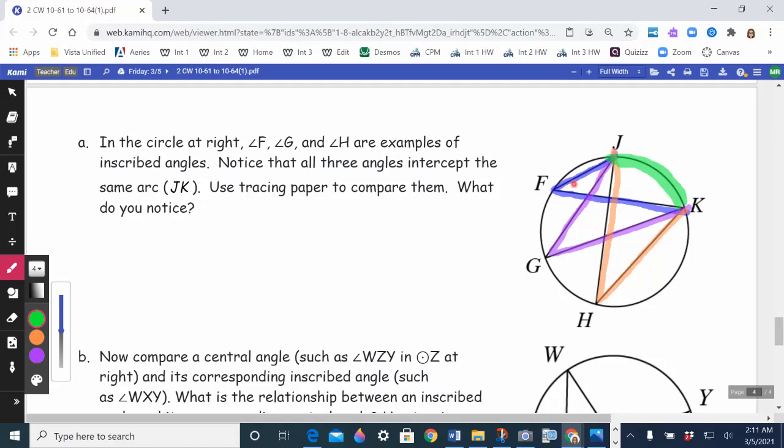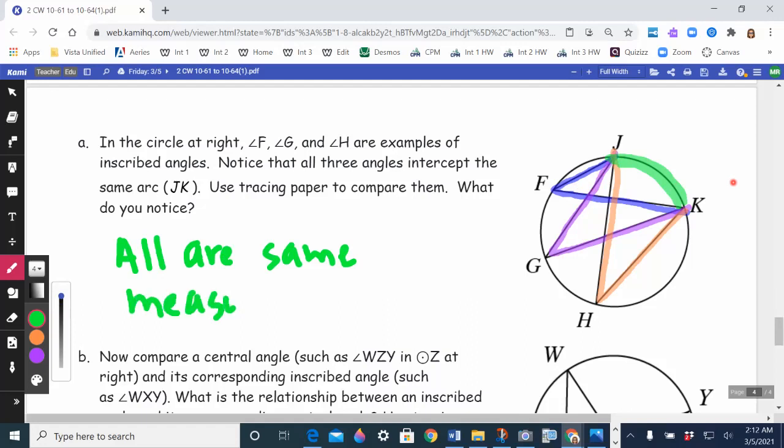So angle F, angle G, and angle H all are going to be the same measure. And that's every single time you have inscribed angles making the same intercepted arc.